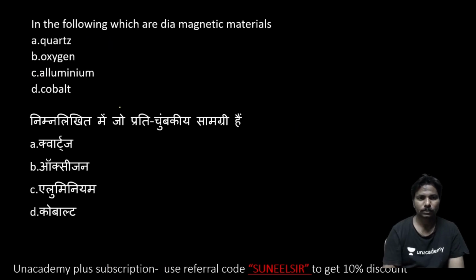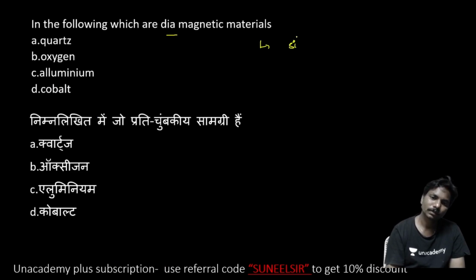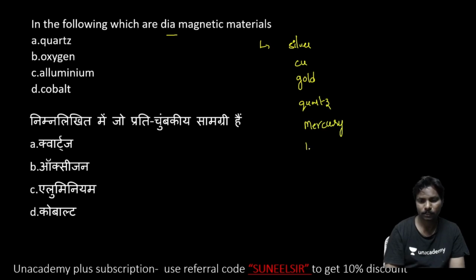Coming to the next one. In this diamagnetic group, we have all the best three conductors: silver, copper, gold. After that, you can say quartz, mercury. Among gases we have hydrogen, and you can say zinc, and also antimony and bismuth.